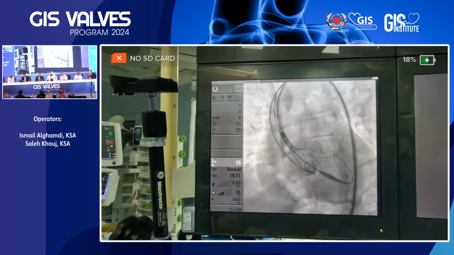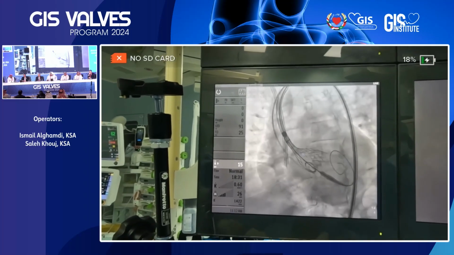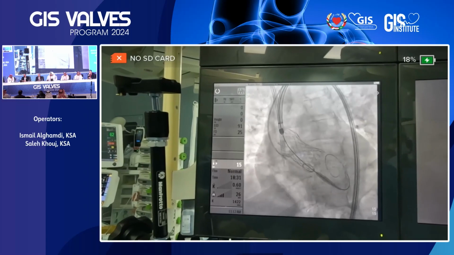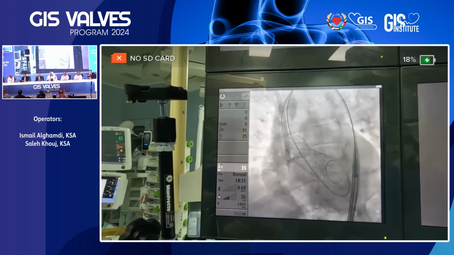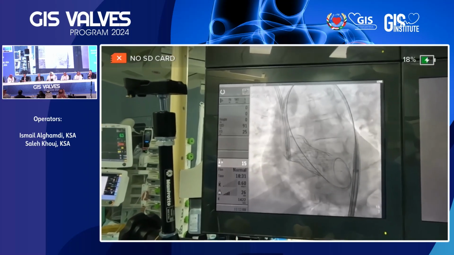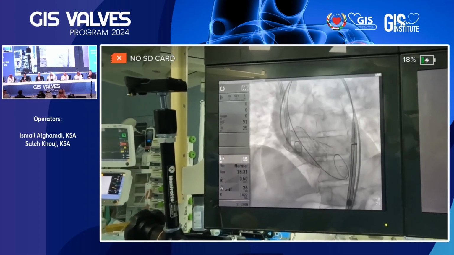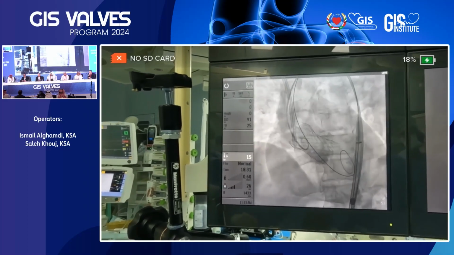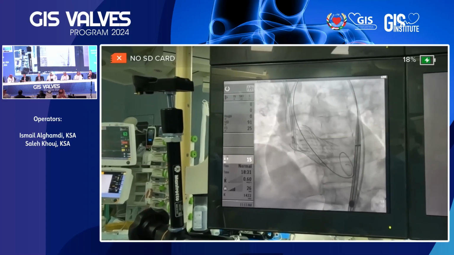So it's around 3 millimeters if you look at the left cusp. That's really a high deployment. Great job. We are removing the parallax from the valve, and this is our final injection. This is from the LAO.